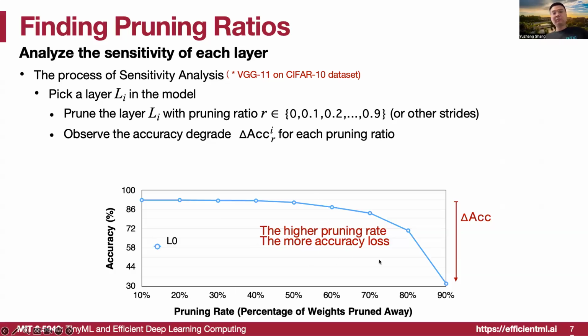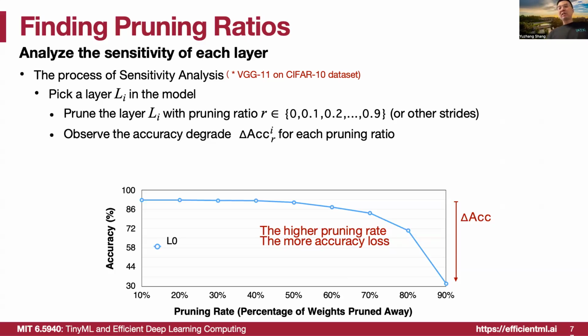This shows how sensitive the first layer is to the pruning ratio. If we prune only 10% of the parameters in the first layer, the performance is still good. If we prune half of the parameters in the VGG net, it's still close to the original neural network, but if we prune 90%, it will lose a lot of performance.